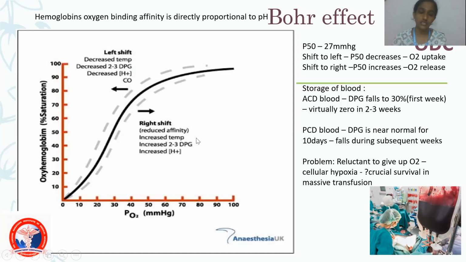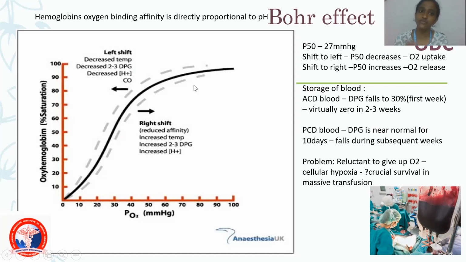Whenever we say that there is a right shift in the ODC, it means P50 is increased from 27. So when does this right shift occur? In hyperthermia, acidosis, and increased levels of 2,3 DPG, we have a right shift.